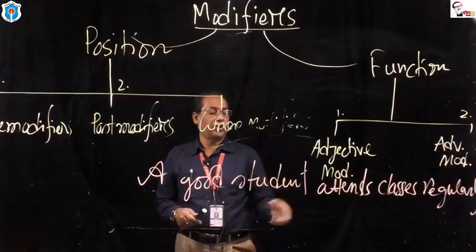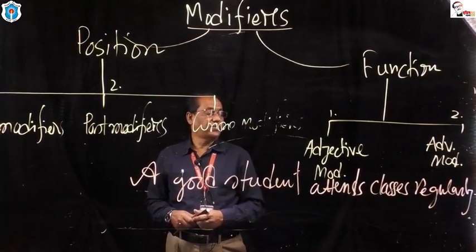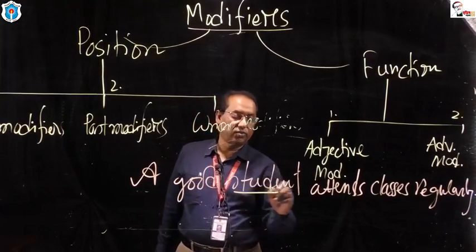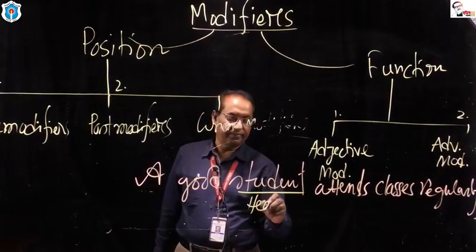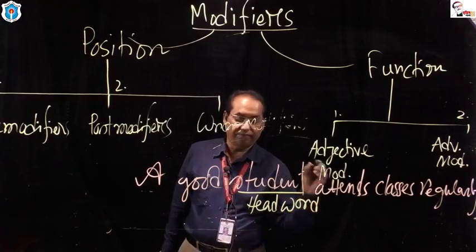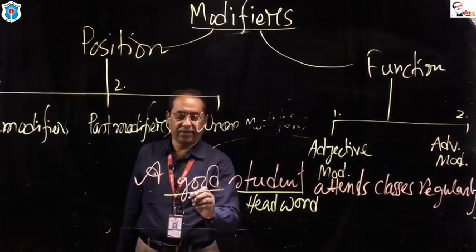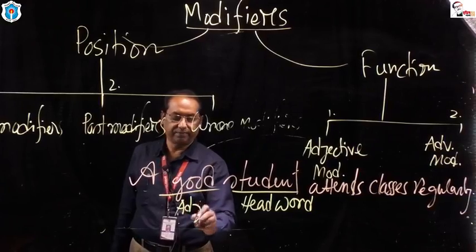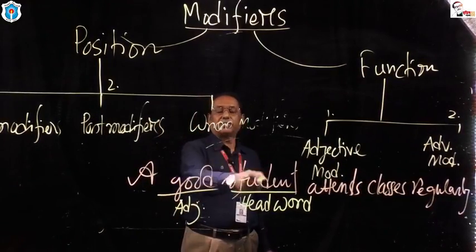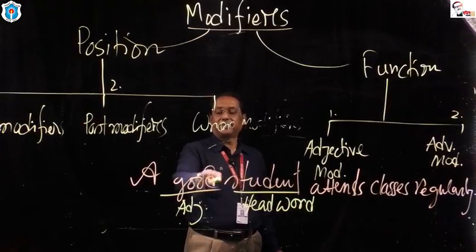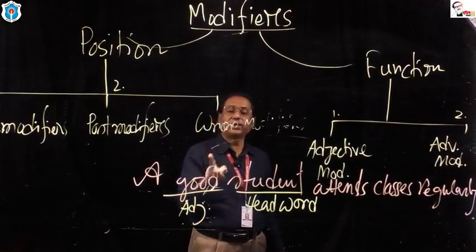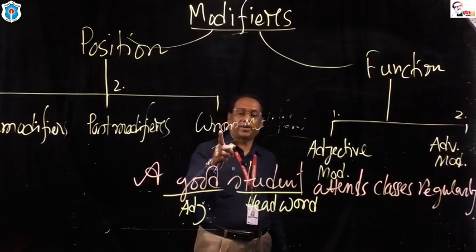A good student attends classes regularly. In the first example, student is the head word or the noun. Good is an adjective. So in the first example, student is the head word, noun, and good is the adjective. So good is an adjective modifier.